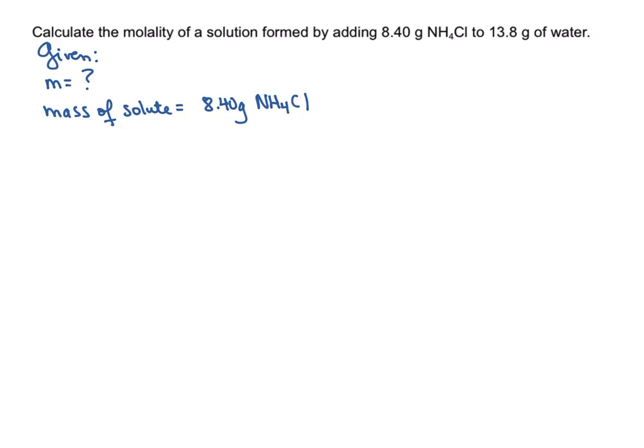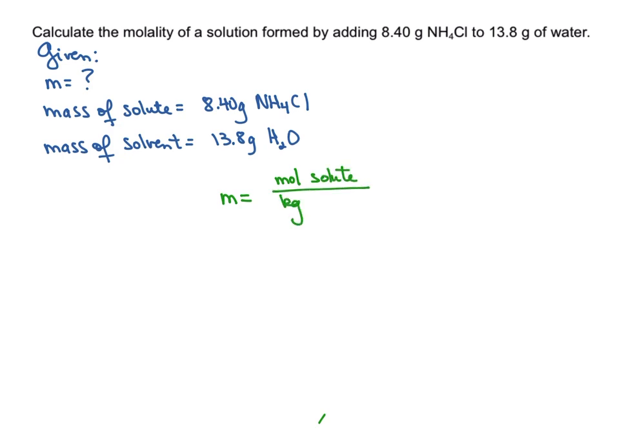And this was added to water, so the mass of my solvent is 13.8 grams of water. Now, it's asking for the molality, so I'm going to go ahead and write down the formula, just to see where we are here. Molality is equal to the moles of solute over the kilograms of solvent.